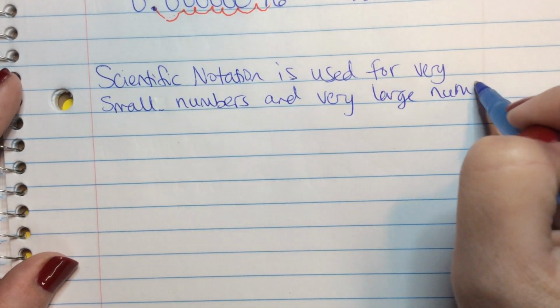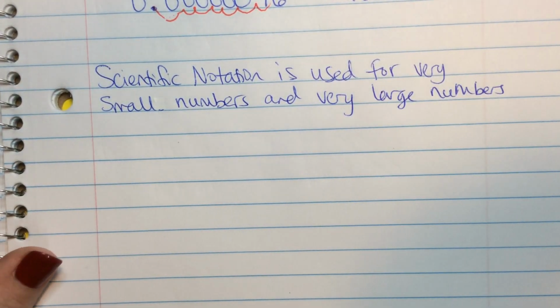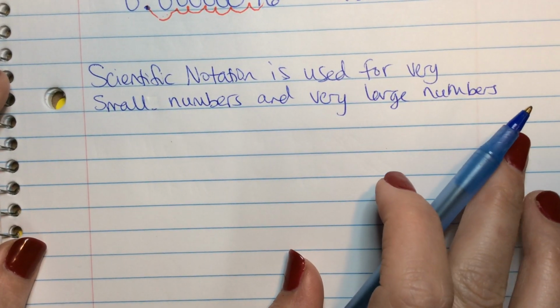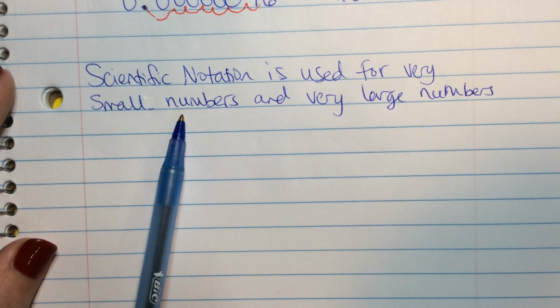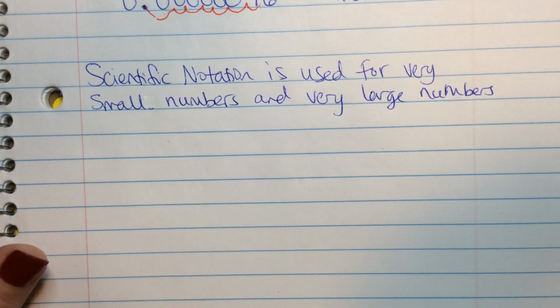You don't really use it on everyday numbers. I mean, I guess you could if you really wanted to, but there's no reason to. So scientific notation is used for very small numbers and very large numbers.